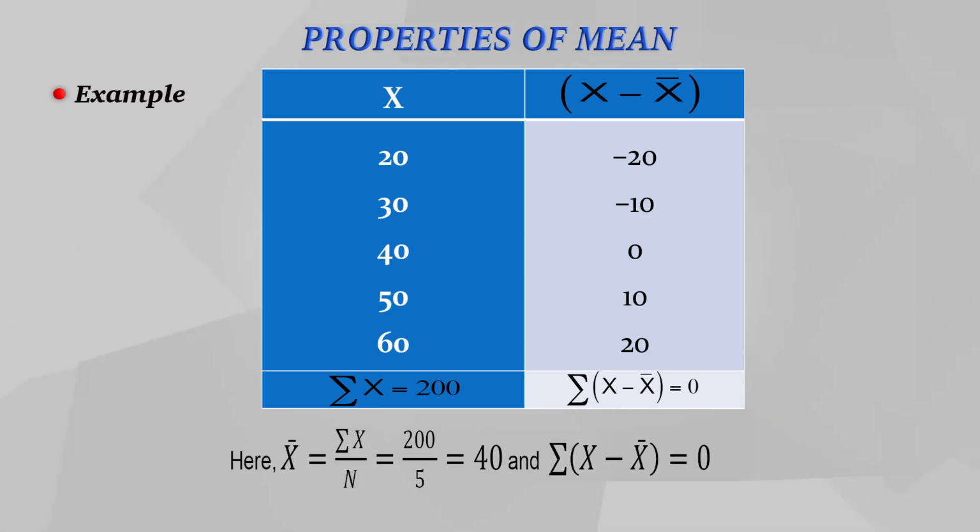In the next column of the table we can see that the deviations of all these 5 values from the mean are minus 20, minus 10, 0, plus 10 and 20, and the sum of all the deviations becomes 0. So again we have proved that if we take the deviations of all the values from the mean and take the sum of all deviations, it is equal to 0.